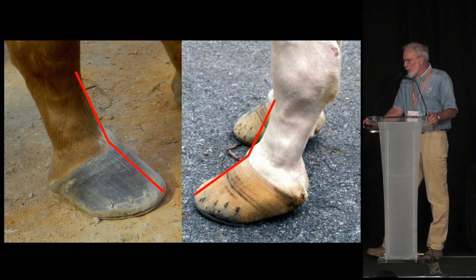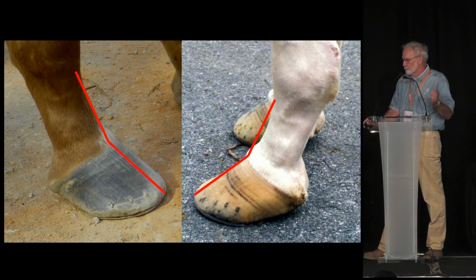This is a worldwide problem. It's a universal problem. The horse on the left, I took that picture in New Delhi, India. And the picture on the right, I took in Buenos Aires, in Argentina. It's everywhere.